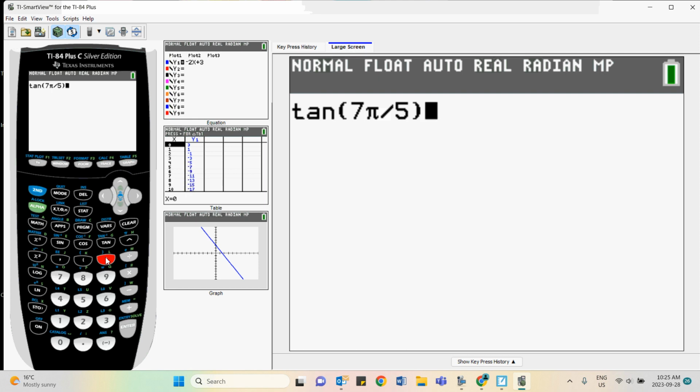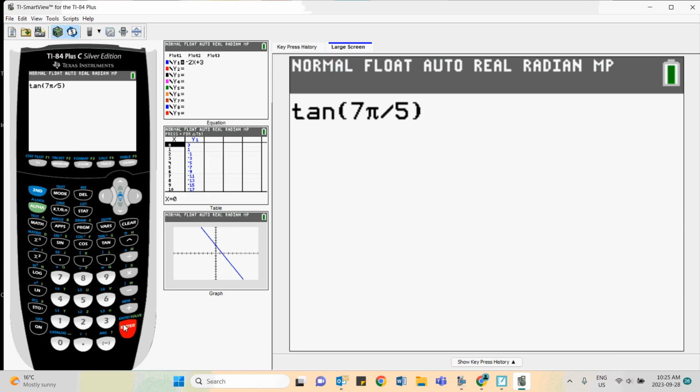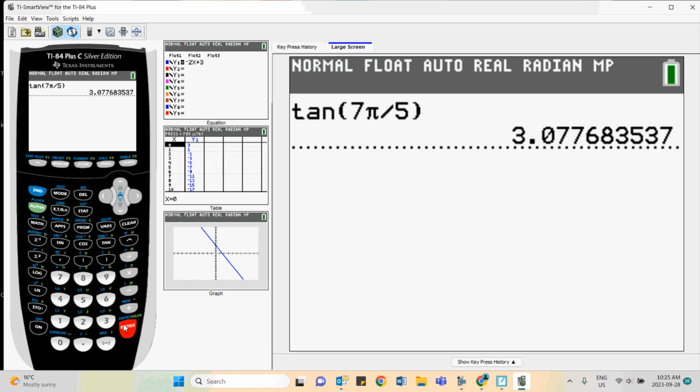So I'm going to put it into my calculator like that. You could convert it into degrees if you wanted to, but if you're going to use radians, you need to make sure your calculator is in radians. Okay, 4 decimal places.